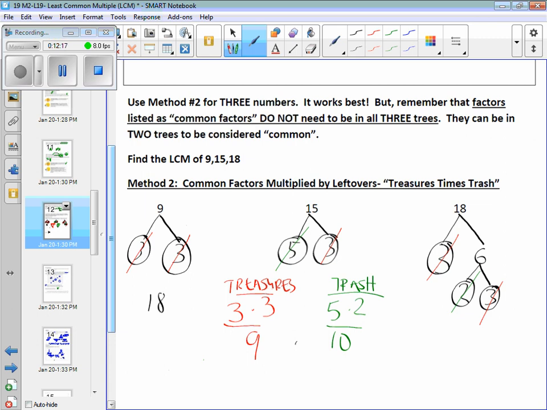Let's try. What's 18 times 5? What's 5 times 8? 0. Carry the 4. It works. As long as you're careful, it'll work every single time.